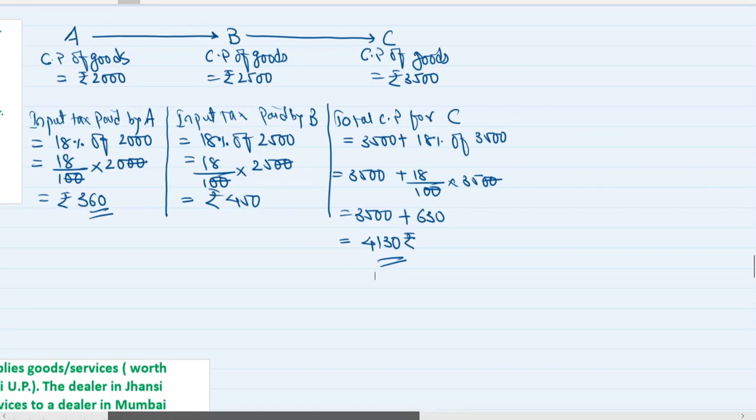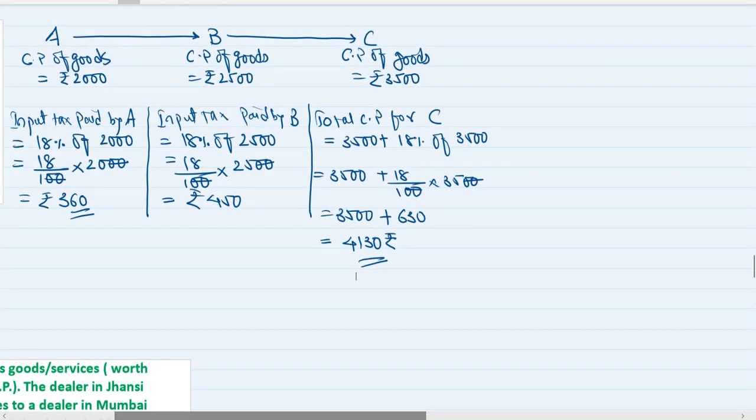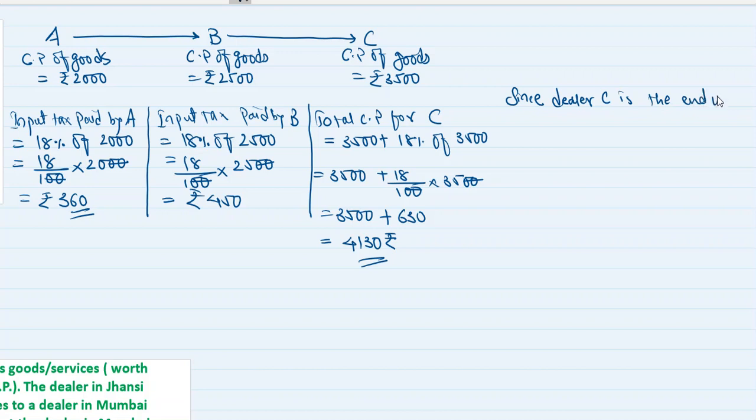End users do not collect any tax, because end users are the people who are using that goods for themselves. So you must write this way: since dealer C is the end user, tax collected by him is equal to 0.